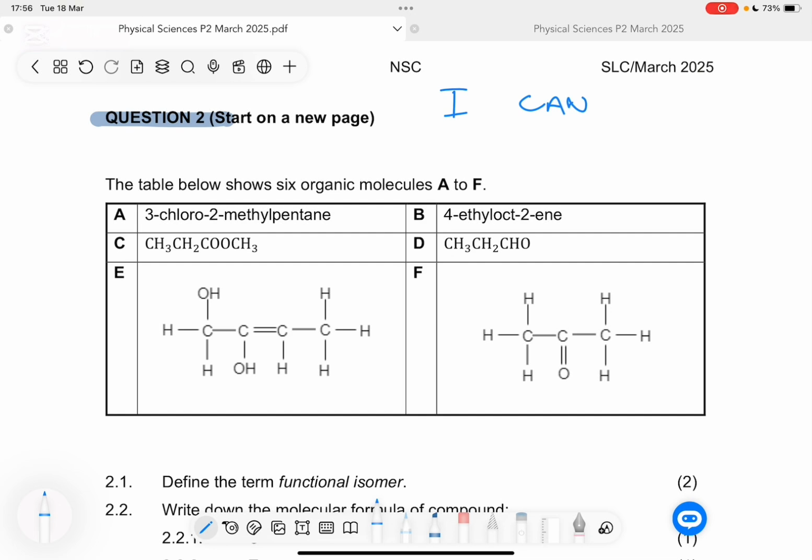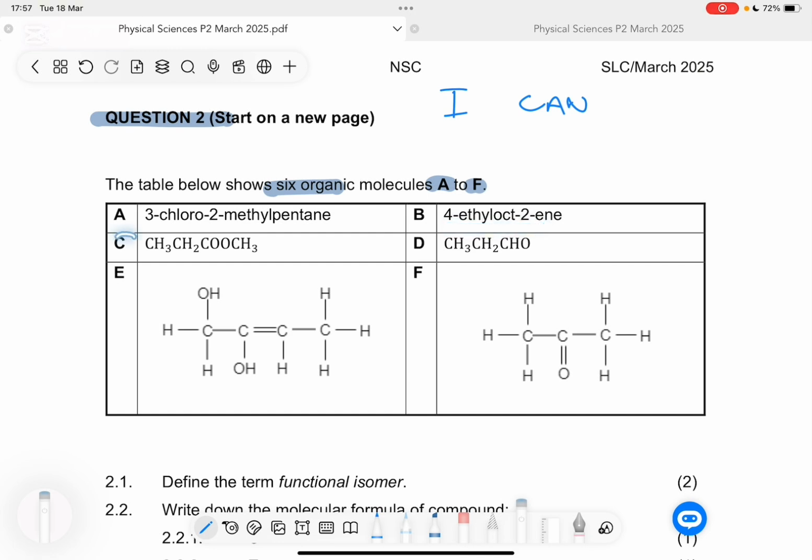The question says the table below shows 6 organic molecules, A to F. When we look at our molecules, molecule A is given as an IUPAC name. We also have B, which is given as an IUPAC name as well.